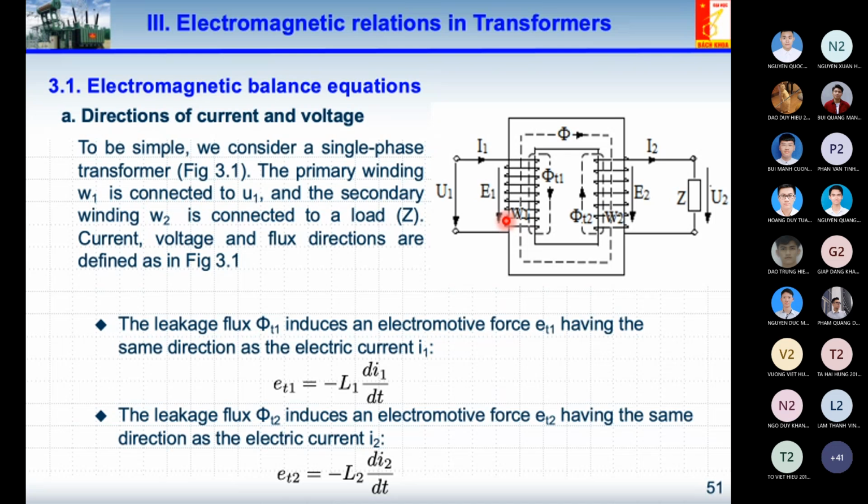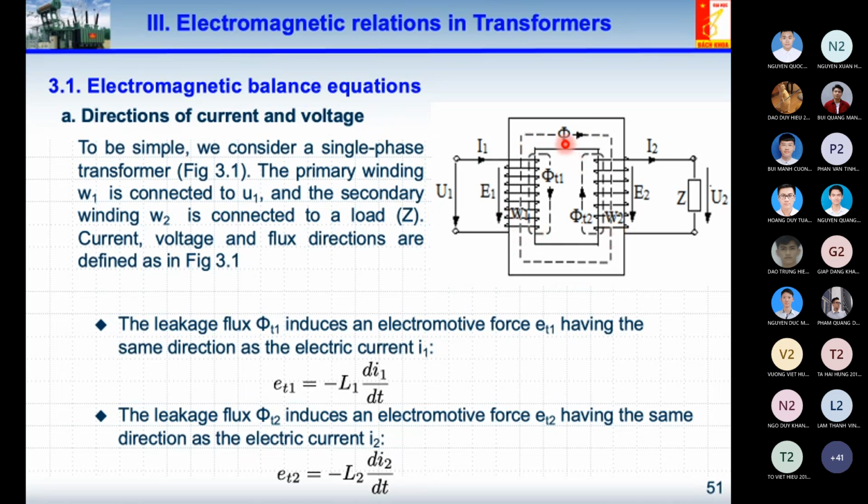If you remember the principle of the transformer, when W1 is applied with the voltage E1, we get the current flowing in W1, and this current induces a variation of magnetic flux through the window of W1 and W2 here.